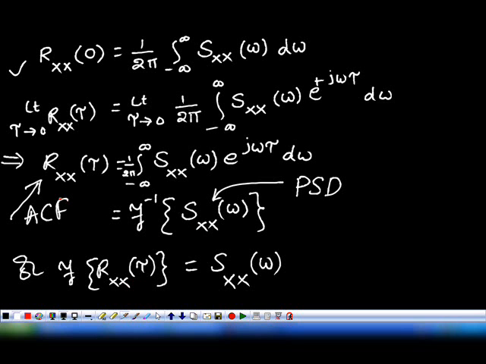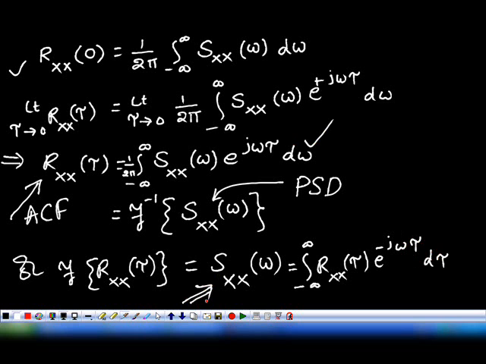Is it right? So the Fourier transform of the autocorrelation function is the integral from minus infinity to plus infinity of Rxx of tau e power minus j omega tau d tau. This is the inverse Fourier transformation and this is the Fourier transformation. The inverse Fourier transform of power spectral density is equivalent to the autocorrelation function. The Fourier transform of the autocorrelation function is equivalent to power spectral density.